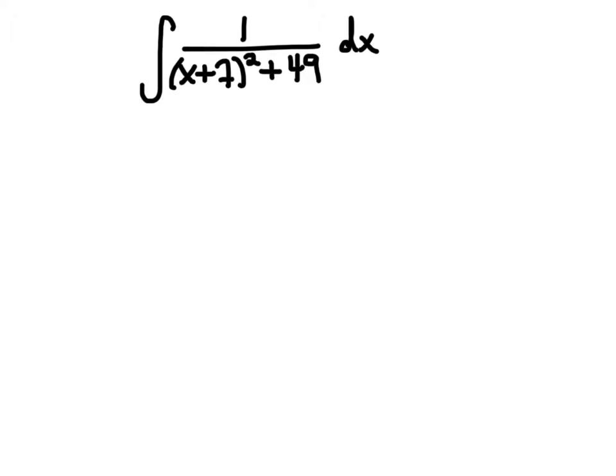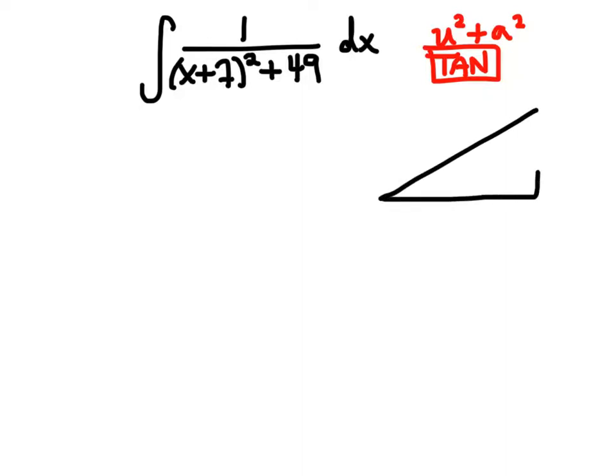Okay, so once we did the algebra on this integral, now we're going to set up our triangle, and because we have the form u squared plus a squared, we know that we're going to use a tangent substitution. As we all know, that comes with its own protocol for setting up our triangle, which will help us make our substitution.